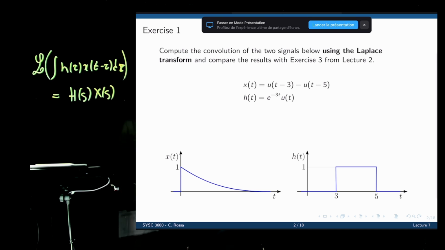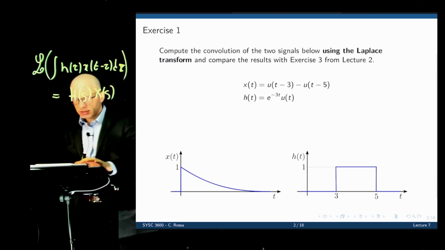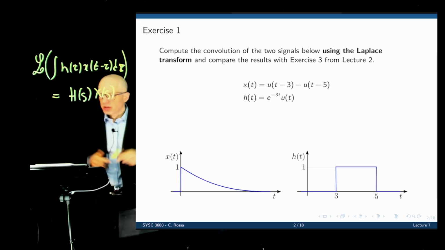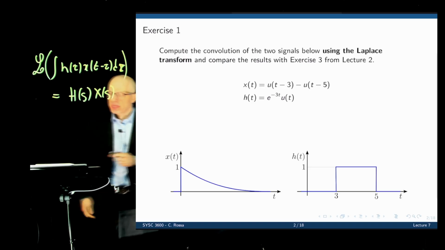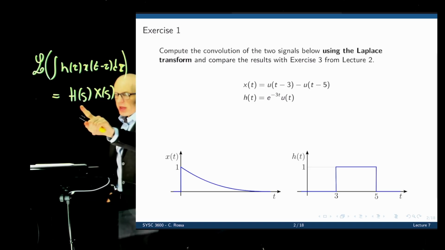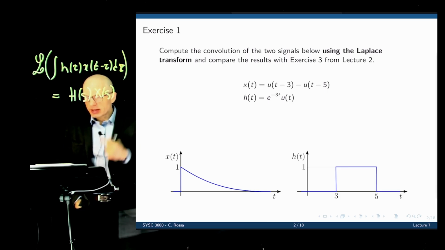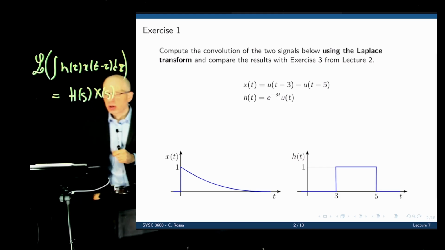The reason I'm going back here is that later we have an exercise where we're going to use the same principle to find the time response of a mechanical system. Now, this is a lot easier because all I have to do is take the Laplace transform of these two signals, and then multiply them and find the inverse. And the inverse would then be the convolution of them.